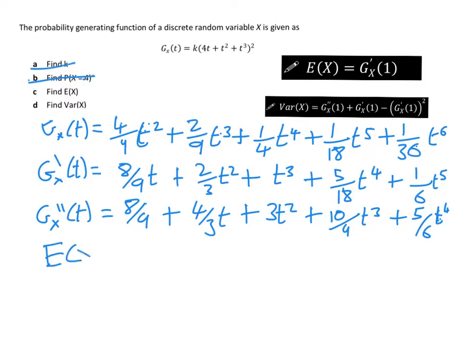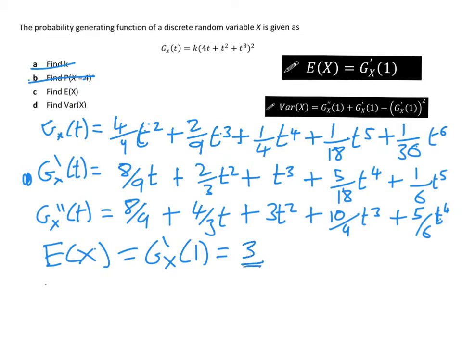Well, that is, of course, g dash x of 1. Now, if we substitute 1 into the second line, there we go. We've got 8 over 9 plus 2 over 3 plus 1 plus 5 over 18 plus 1 over 6. We actually get a bit of a treat. It's a nice value, which is 3.